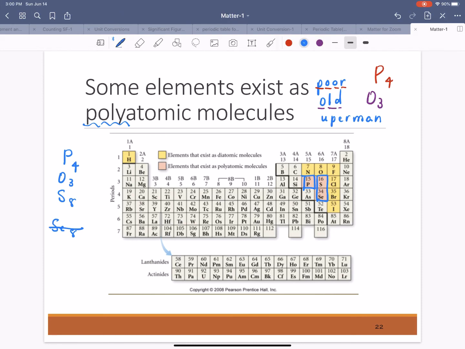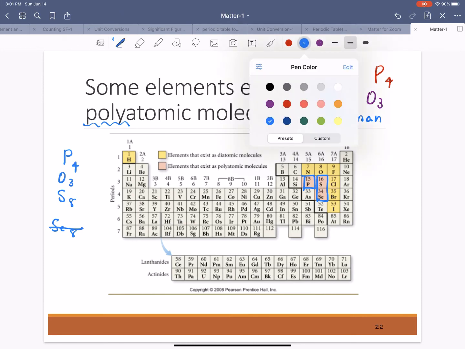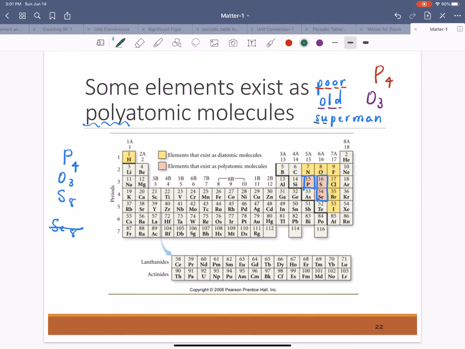And then Superman, guess how many letters that one has? 1, 2, 3, 4, 5, 6, 7, 8. So these are allotropes of polyatomic elements. They're molecules because there's more than one atom present, but they're elements because there's only one kind of atom present, that you'll need to know in our class and the next.